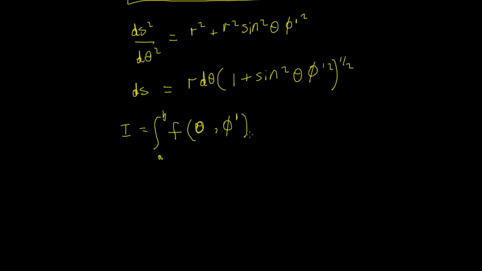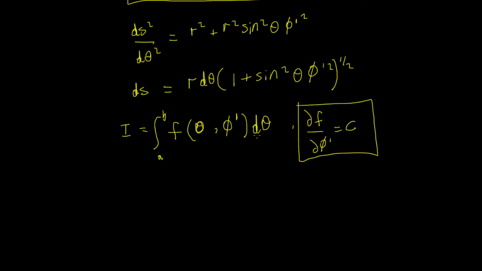So we can integrate with respect to d theta, and it means we can use a simplified version of the Euler-Lagrange equation: partial f upon partial phi derivative equals some constant.